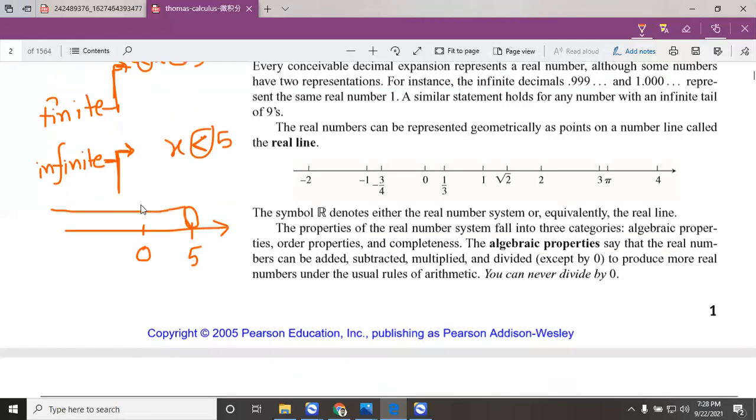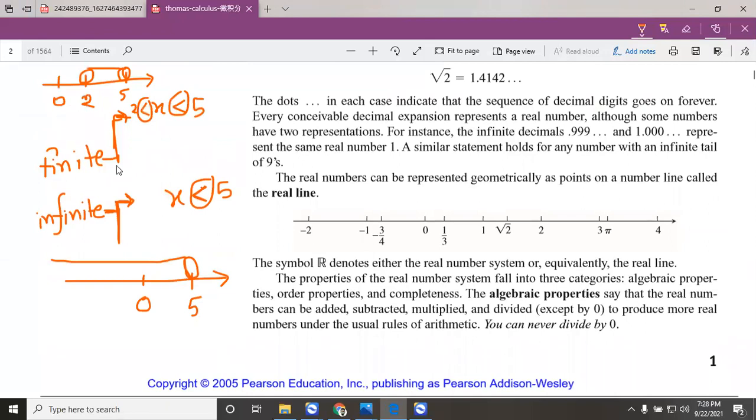And for this there is something I missed, that is half closed and half open. Let me draw something, half open and half closed. So this will be something like this.